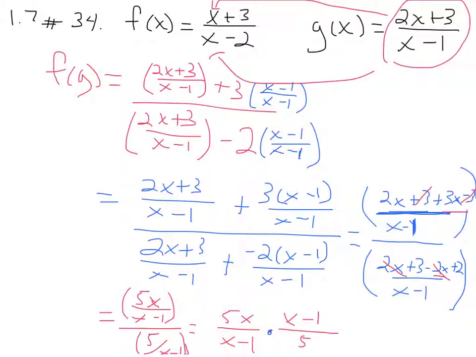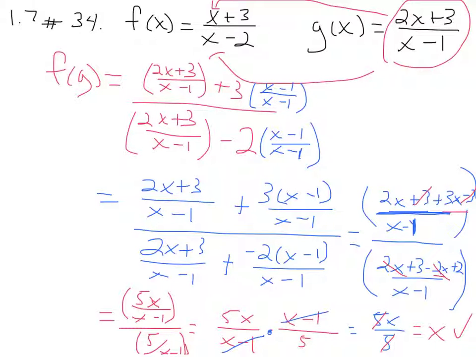If something is on the top of one fraction and the bottom of the other, those will cancel out, leaving us with 5x over 5, and the 5 on the top will cancel with the 5 on the bottom, leaving an x, and we are good. So f of g leads to x.